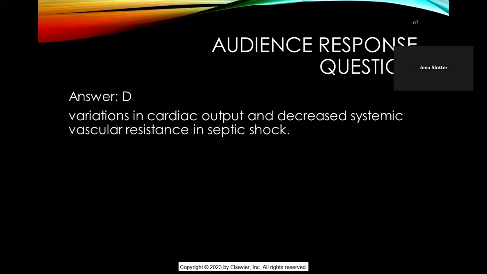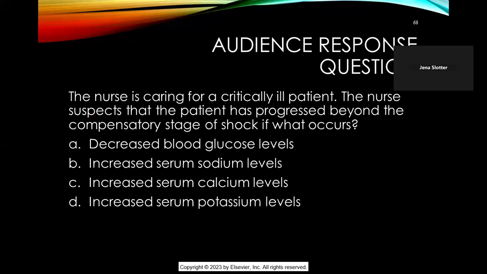Okay, one more question here. A nurse is caring for a critically ill patient. You suspect the patient has progressed beyond the compensatory stage of shock if what occurs? So what are you keeping an eye out for with this?